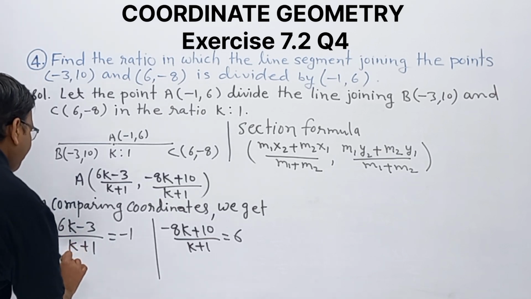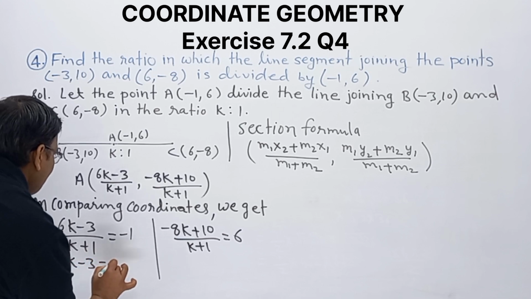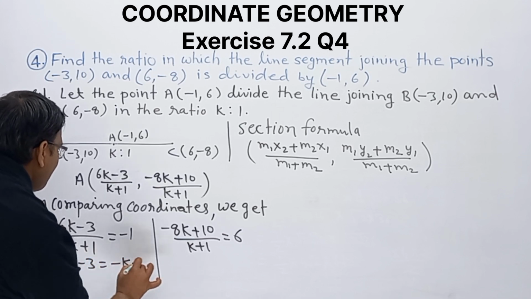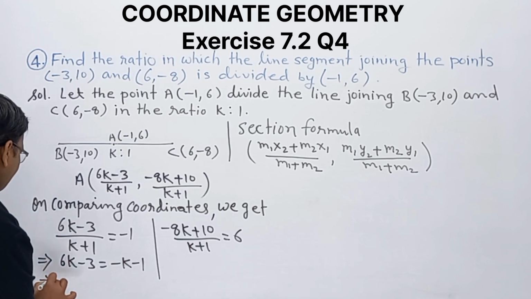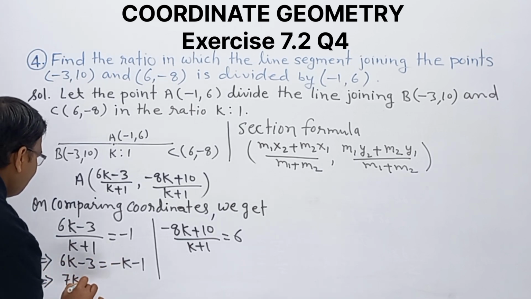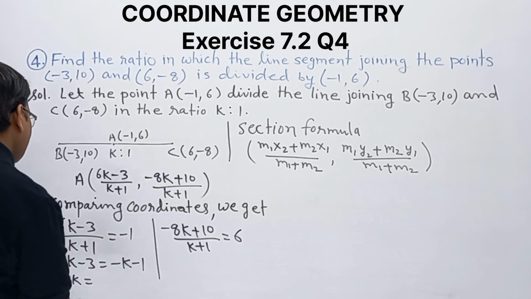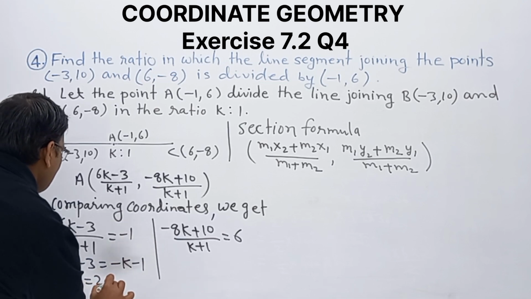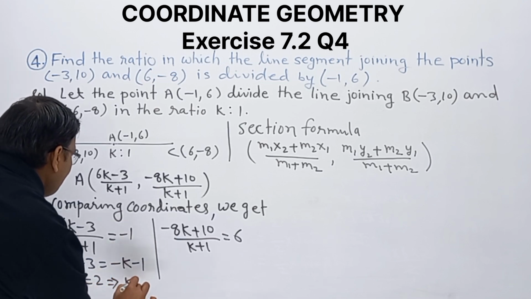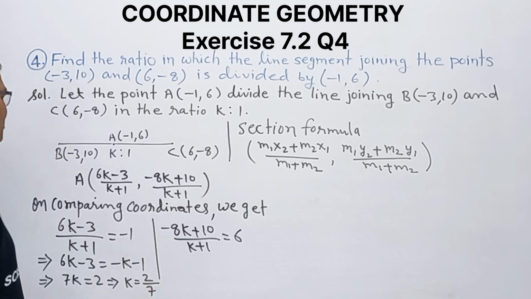Solve for k. This can be written as 6k - 3 = -k - 1. Transposing towards the left, we get 7k, and transposing towards the right, it will be plus, so we get 2. This implies k equals 2 upon 7. We obtain the value of k.